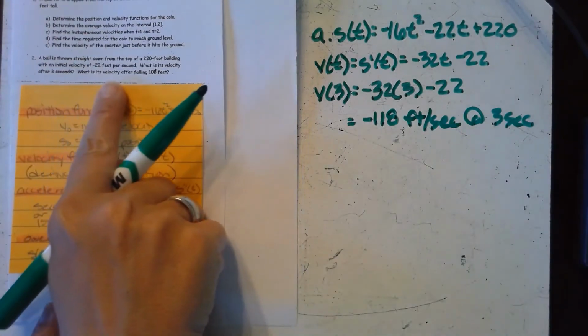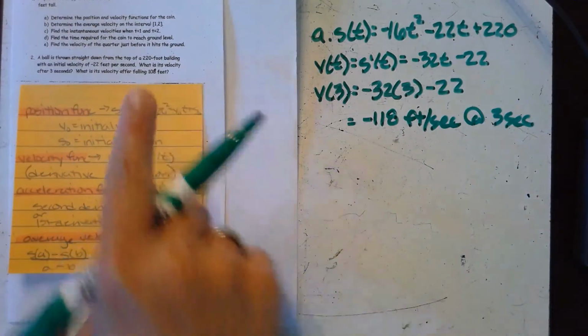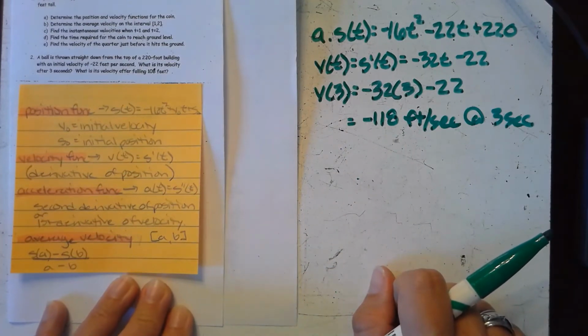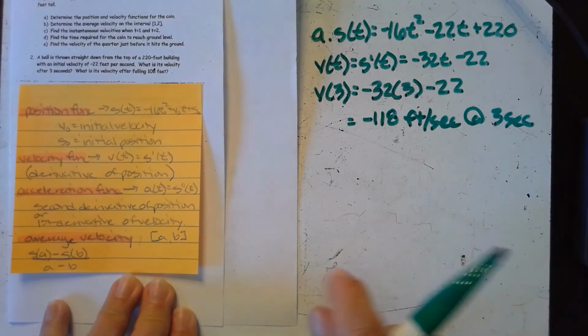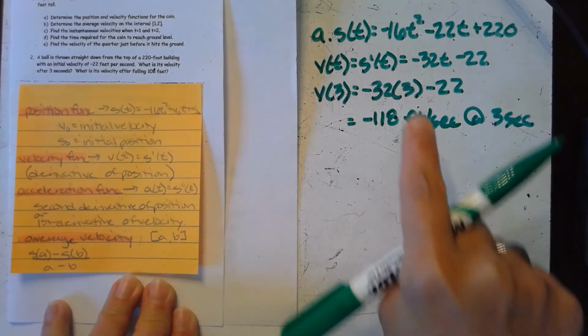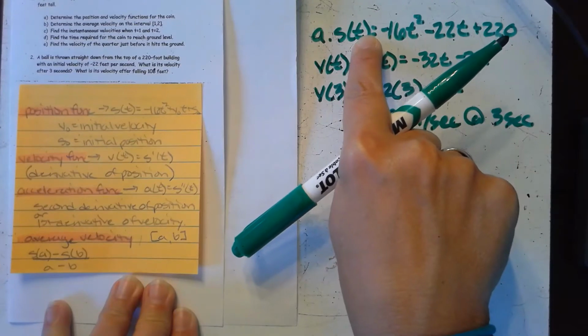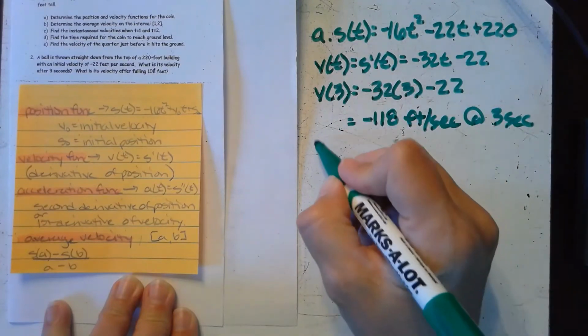Now, what is its velocity after falling 108 feet? Well, here you have to be careful. This is the height from the ground. The position is the height from the ground.